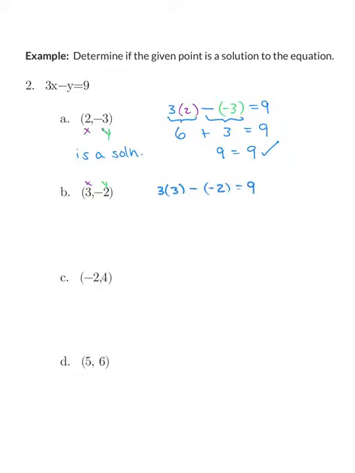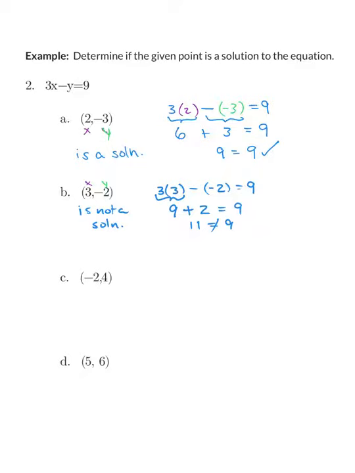Is this equal to 9? 3 times 3 is 9, minus -2 becomes +2. 9 plus 2 is 11, and 11 is not equal to 9. So 3, -2 is not a solution.